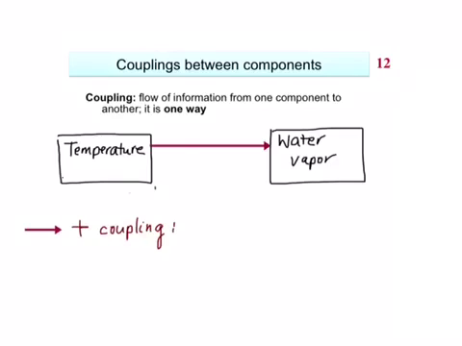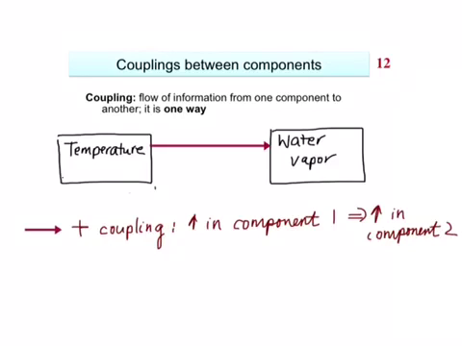And this describes a situation where an increase in component 1, here temperature, leads to an increase in component 2. Conversely, with a positive coupling, a decrease in component 1 leads to a decrease in component 2. Okay? So the basic idea behind a positive coupling is that the changes are in the exact same direction.